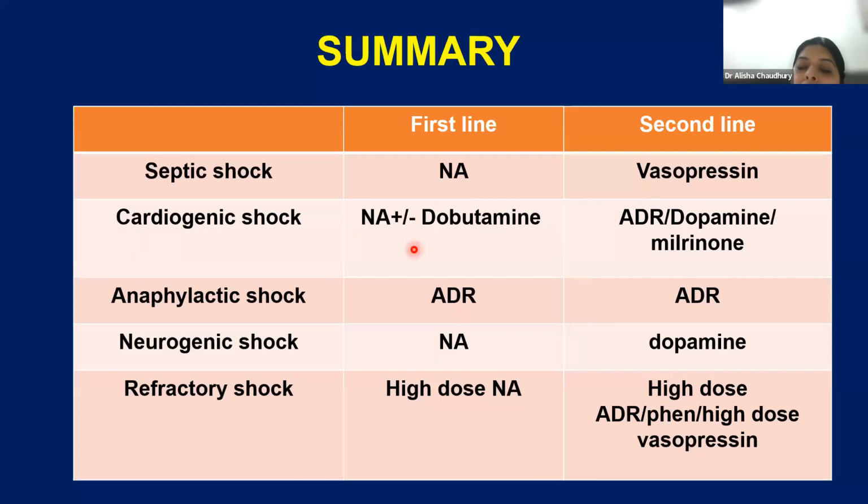And then maybe you add dobutamine. Add milrinone only if you have a stable blood pressure. In anaphylactic shock, as I mentioned, adrenaline is the vasopressor of choice. Neurogenic shock, it's noradrenaline. And in refractory shocks, we even go up to high dose adrenaline, and then we add vasopressin, and sometimes even phenylephrine has been added.